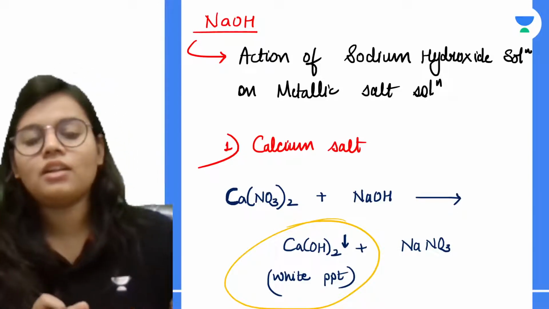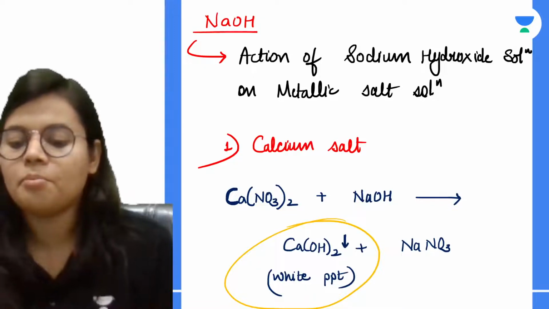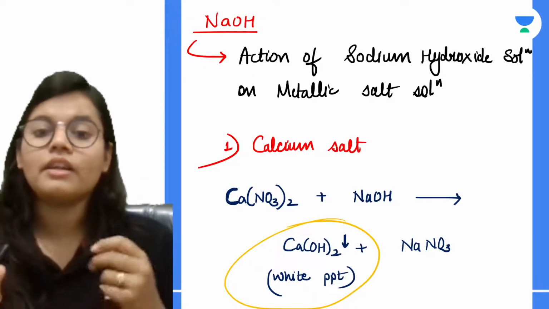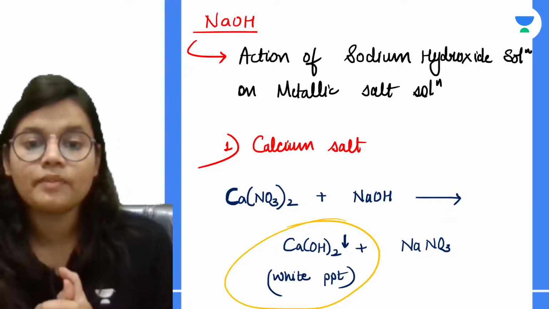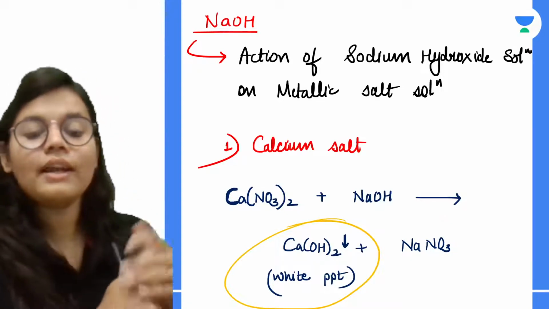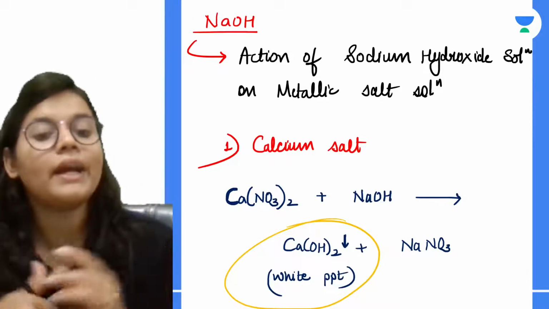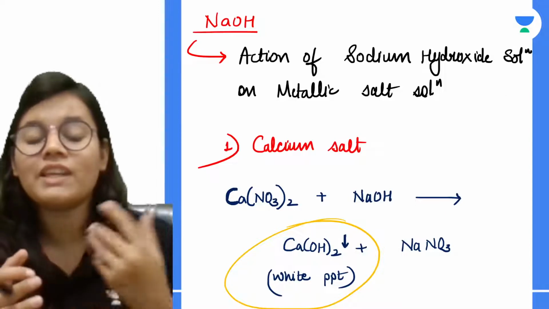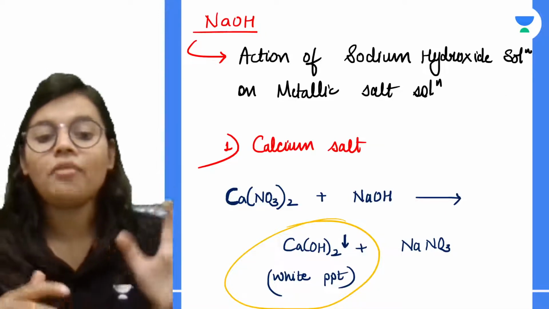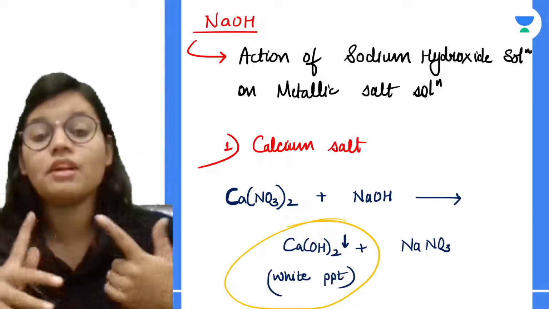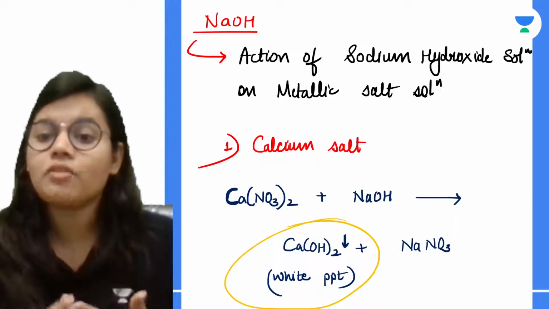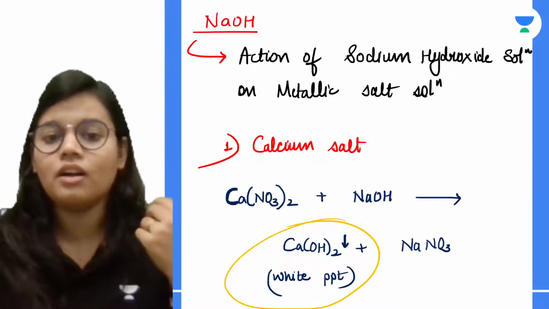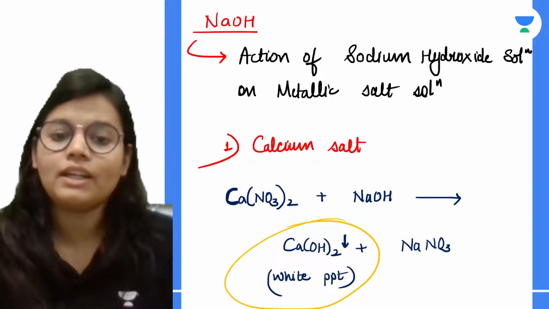Now we can get a white precipitate with some other compounds also, but there would be a difference in solubility. For example, lead salts also give a white precipitate, but that precipitate is very well soluble. So you have to be very thorough about whether they are soluble or not, and which type of precipitate it is, whether it is jelly like or a simple precipitate.